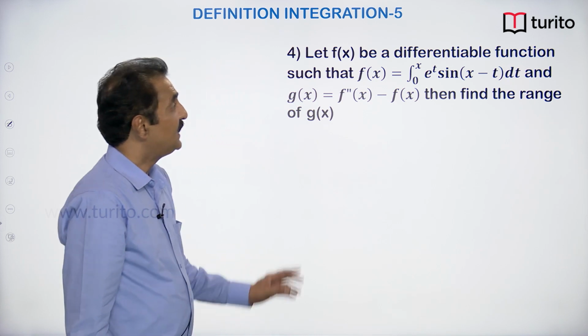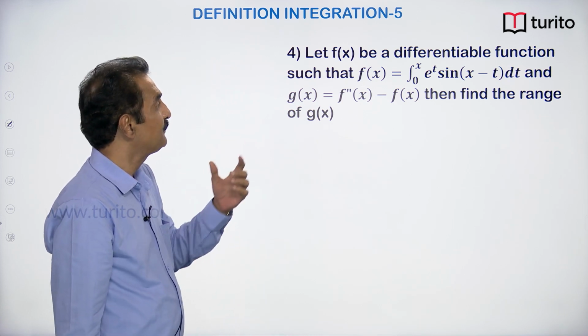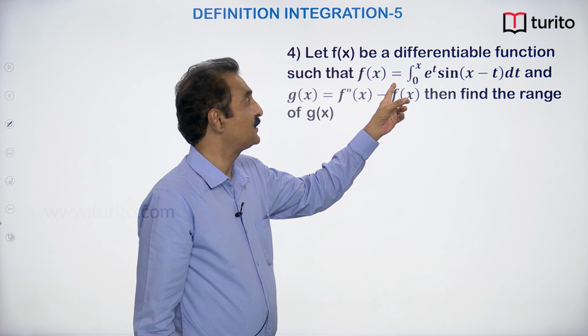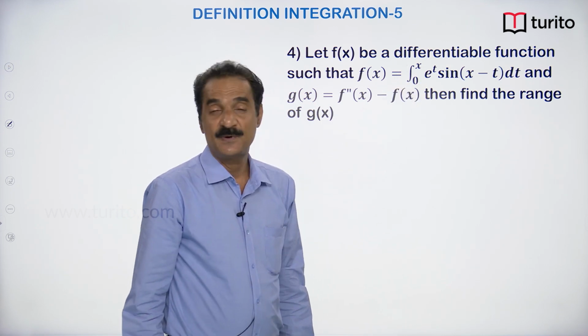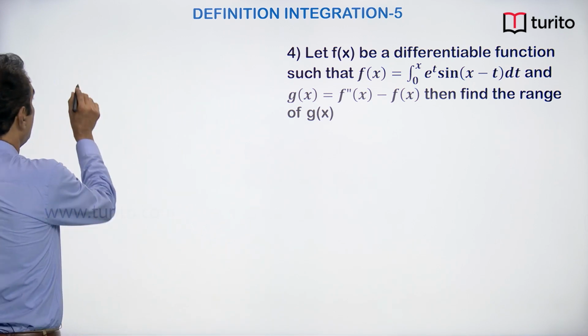let f of x be a differentiable function such that f of x is equal to integral 0 to x e power t into sin of x minus t dt. I will write it.